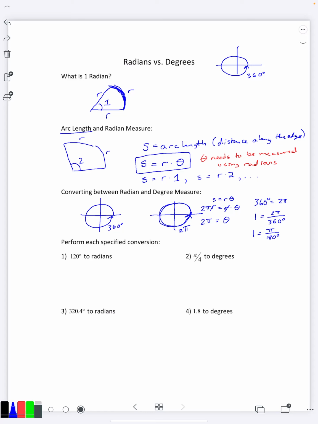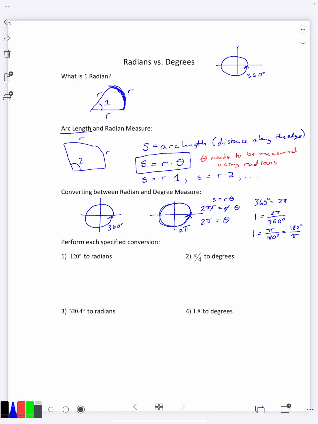You can also take reciprocals of both sides and get 180 over pi. And so this tells us that the number 1 is the same as either pi radians over 180 or 180 degrees over pi radians. We can now use this fact to do the following conversions.